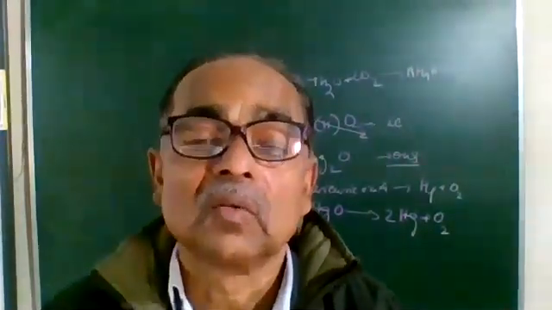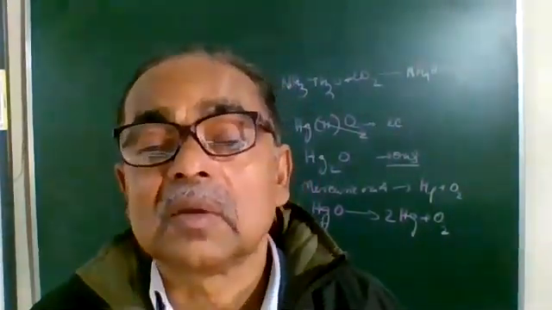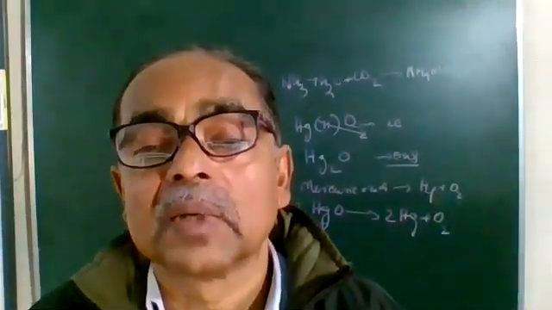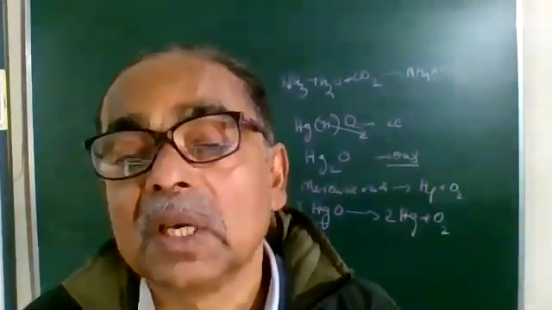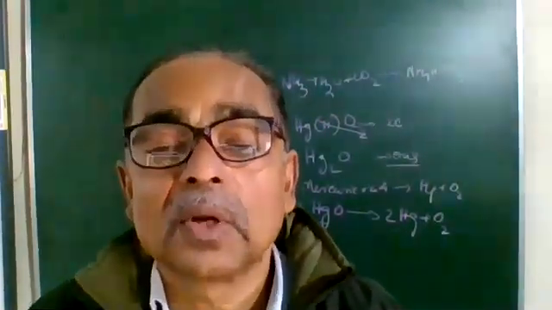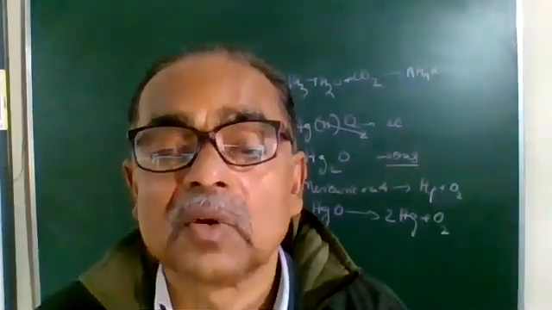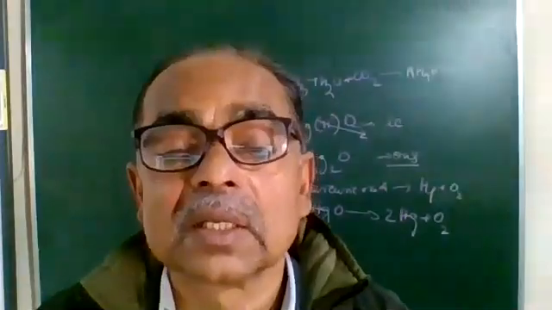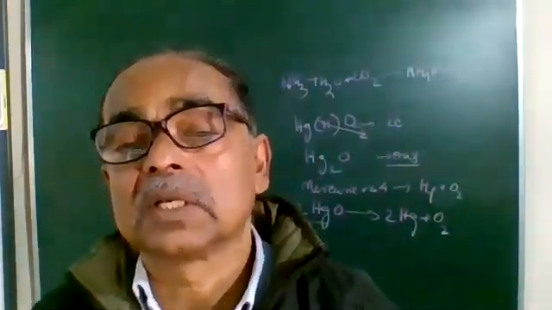We have studied what is water of crystallization. It is the number of water molecules associated with one formula unit of the matter, which gives that material its crystalline shape. Understood? That is known as water of crystallization.